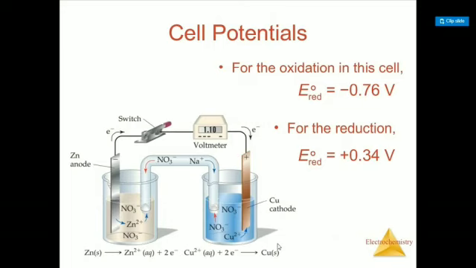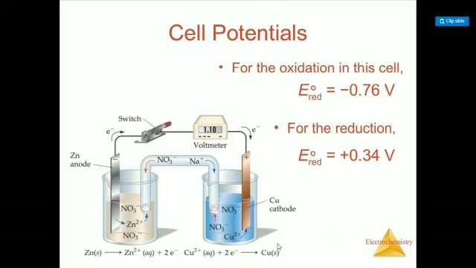In reduction, always remember that whenever any element is reduced, ions reduced into atoms, then it is taken with a positive sign, and for oxidation we will take it with a minus sign, the value of E cell.